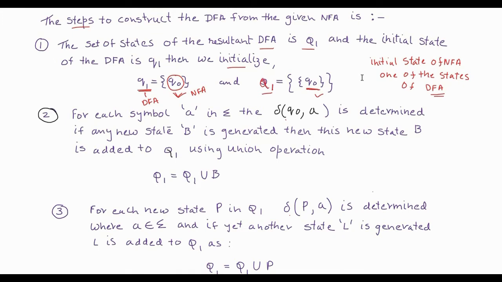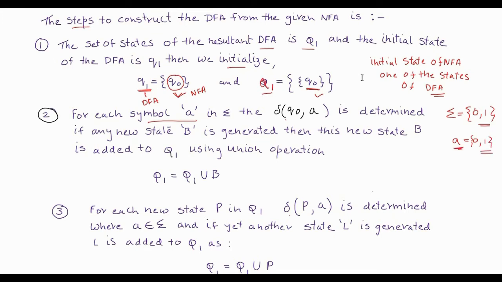Now let us assume that sigma, that is the set of input alphabets, is {0, 1} for the given NFA. So for each symbol a, let me consider a as a general representative of the input alphabet. So a can be either 0 or 1.